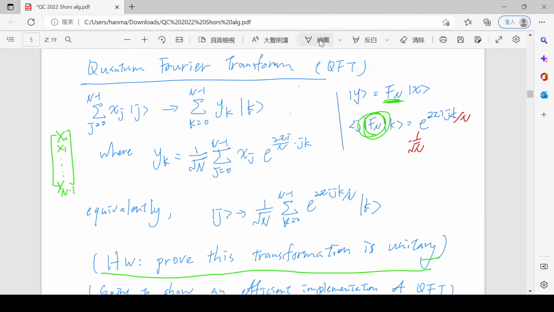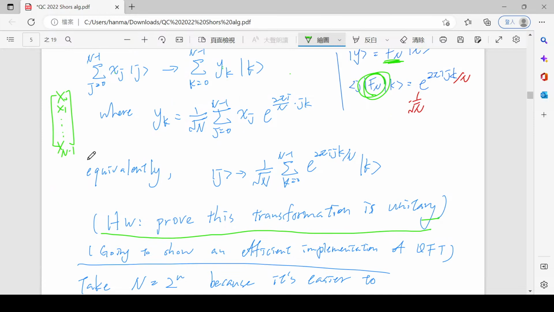Okay. So we have the matrix component, or we can say, because everything is linear, we can also write this in a more restricted form. Let's say we input one computational basis state |j>.